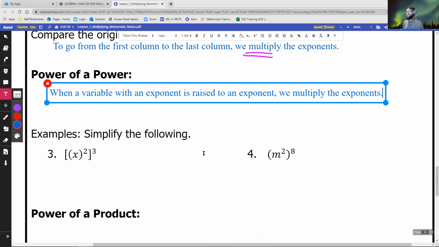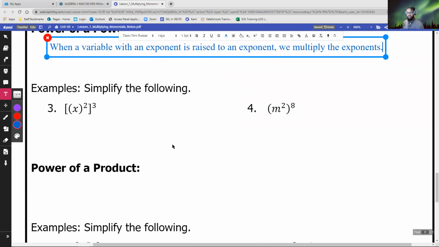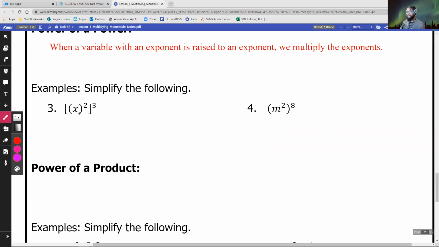So we're going to look at an example, and then we'll go from there. So let's look at this. This x squared cubed, this would be something like, there we go, draw tool. This is writing x times x, because that's what x squared is, times x times x times x times x.